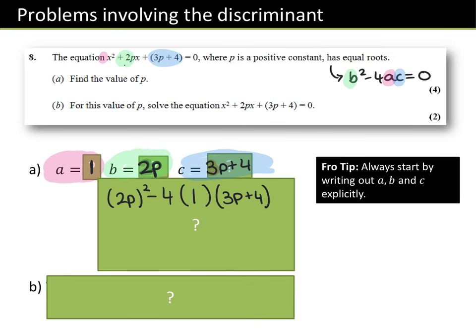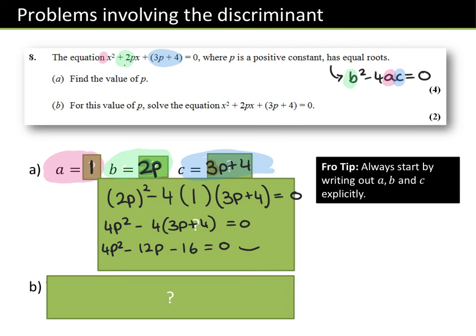Now, 2p squared is 4p squared, minus 4 lots of 3p plus 4, because I multiplied it by 1, which gives 4p squared minus 12p minus 16 equals 0, because we've got equal roots. Believe it or not, what have we got? A quadratic.